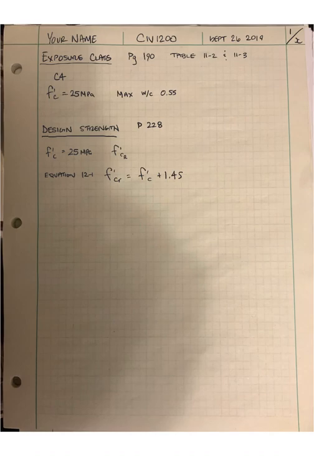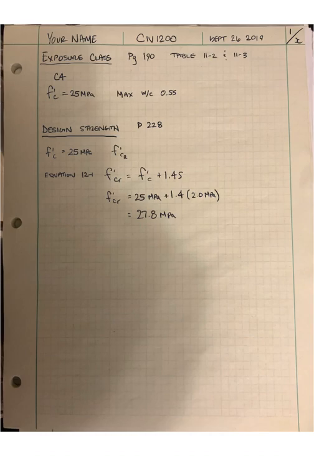So we're going to go ahead and plug that in. And we're going to find our F prime C required is equal to 25 MPa plus 1.4 multiplied by 2.0 MPa, which equals 27.8 MPa.